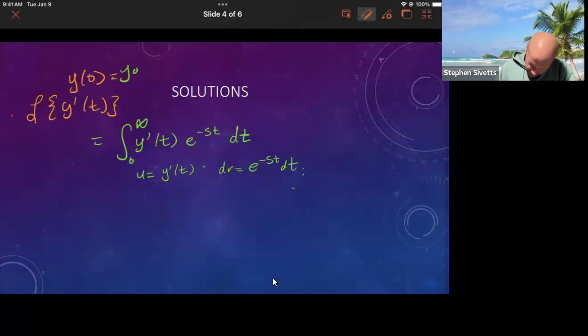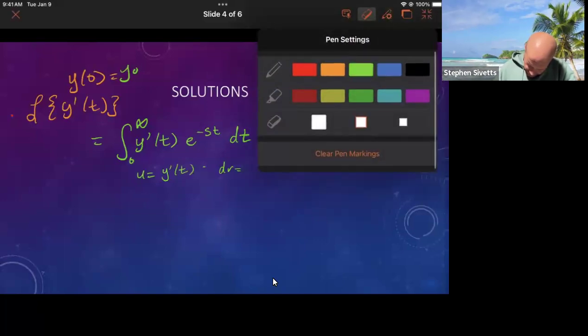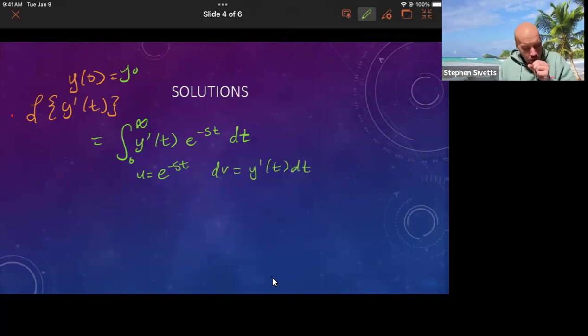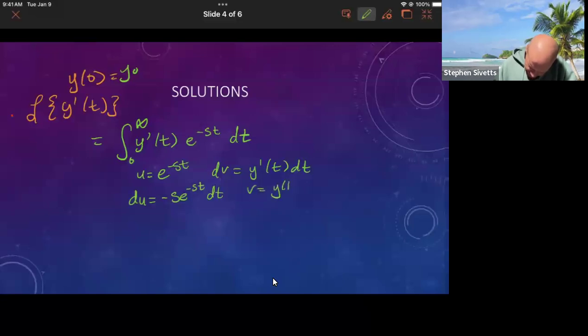It's the other way around. So this time I'm going to let u equal e to the negative st, and dv is y prime of t dt. And so du is equal to minus s e to the negative st dt. v is equal to y of t.